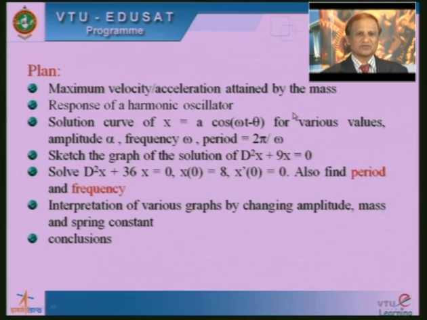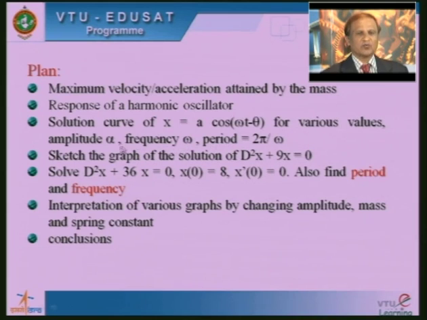That means how we are going to calculate velocity and acceleration, and how we are going to draw the response of a harmonic oscillator, a solution curve of x is equal to a into cos of omega t minus theta, for various values of amplitude, frequency and period.